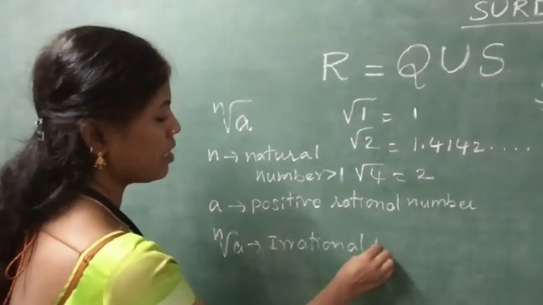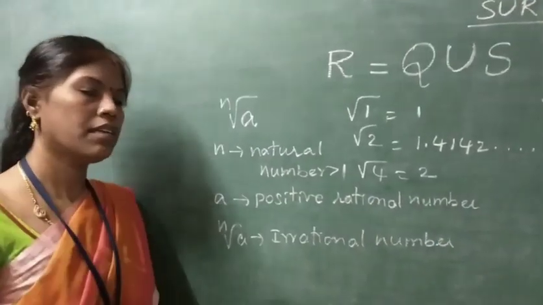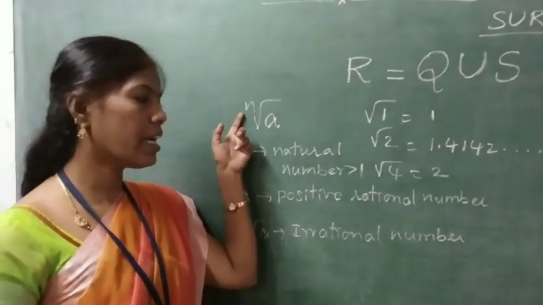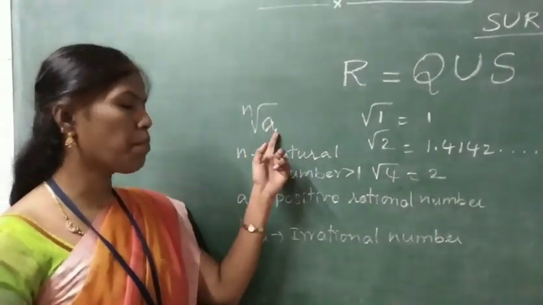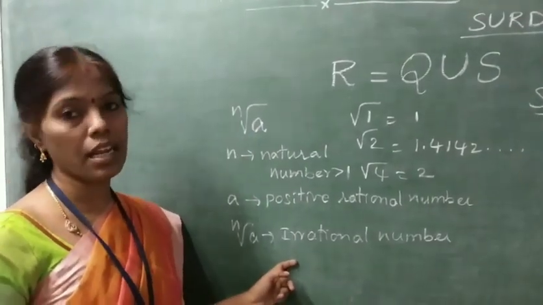These three we have to remember. That is, if n is a natural number greater than 1 and A is a positive rational number, then nth root A is said to be an irrational number.